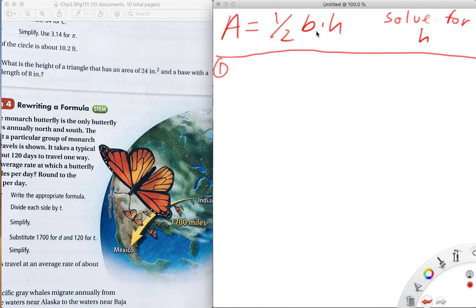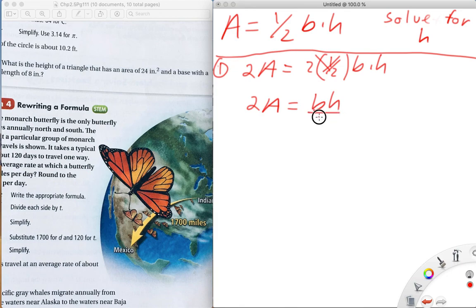I want h by itself, so I'm going to multiply area times 2. What I do on one side, I do to the other. The 2 and the 1/2 cancel, so I'm left with 2a is equal to the base times the height. Then I divide by the base, and I get that the height is equal to 2 times the area over the base.